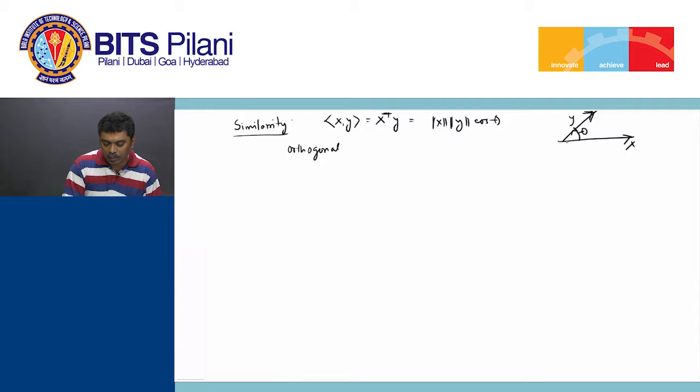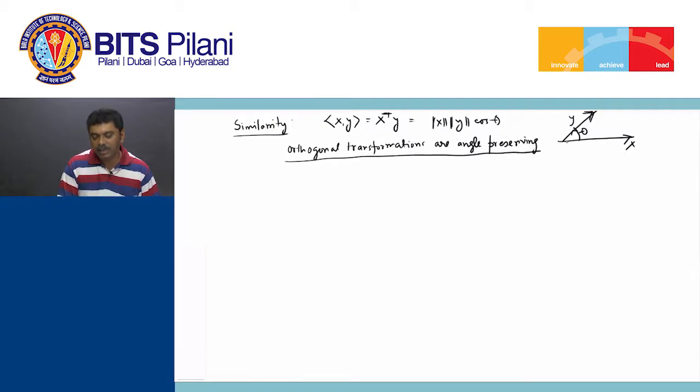What we claim is that orthogonal transformations are angle preserving, and one of the ways to know that is to figure out the inner product or the dot product between the two.